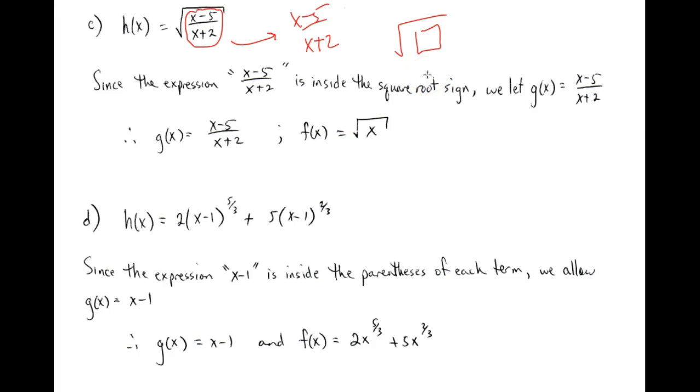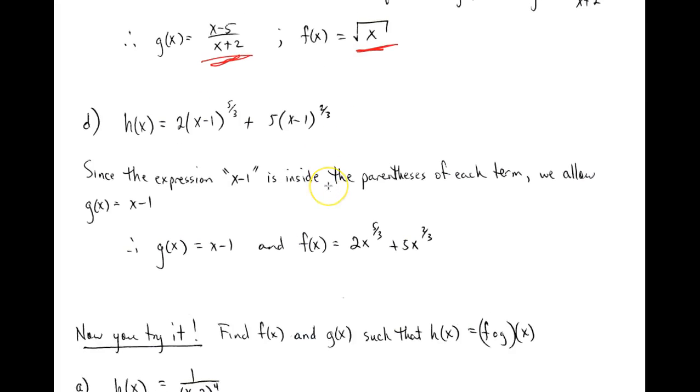And wherever we say blah, basically what we're saying is a placeholder. And we use x most commonly for a placeholder. So that is why the inside function is x plus 5 divided by x plus 2, and the outside function is square root of x.